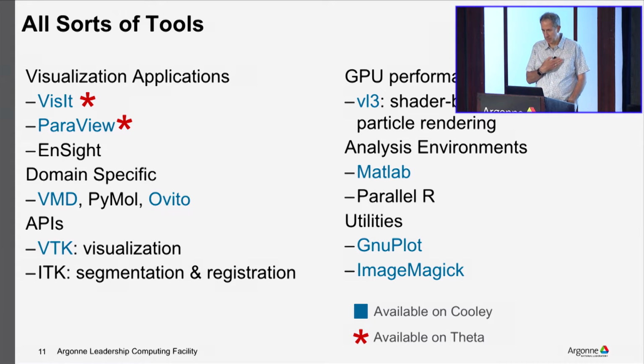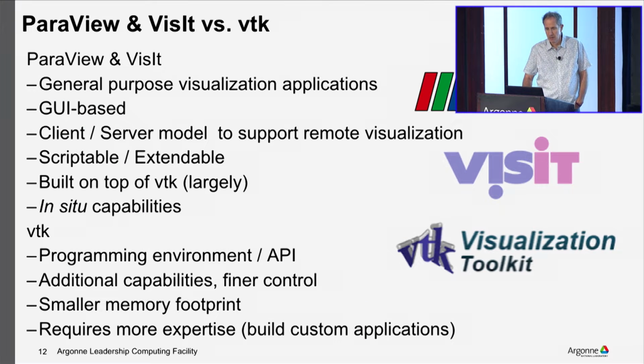Like, for example, the cosmology image I showed a second ago was rendered with that. And a couple of others, utilities and other resources. Again, this is not by any means an exhaustive list, but some that you should probably be familiar with.